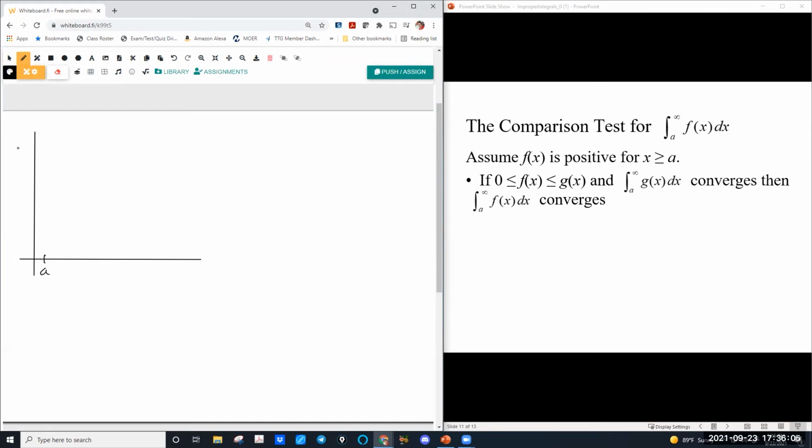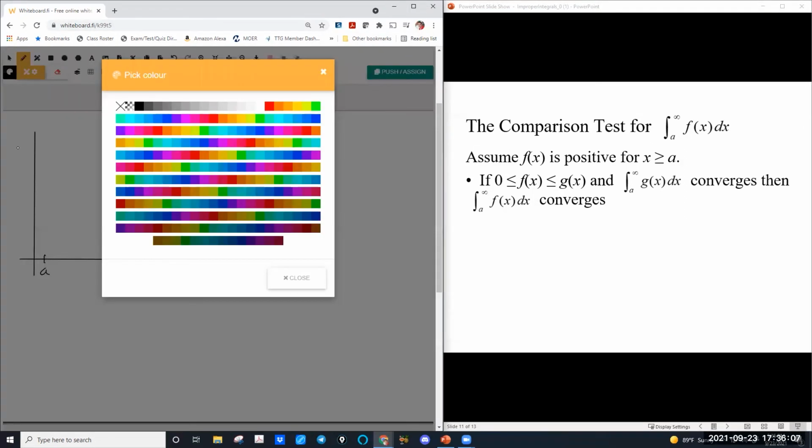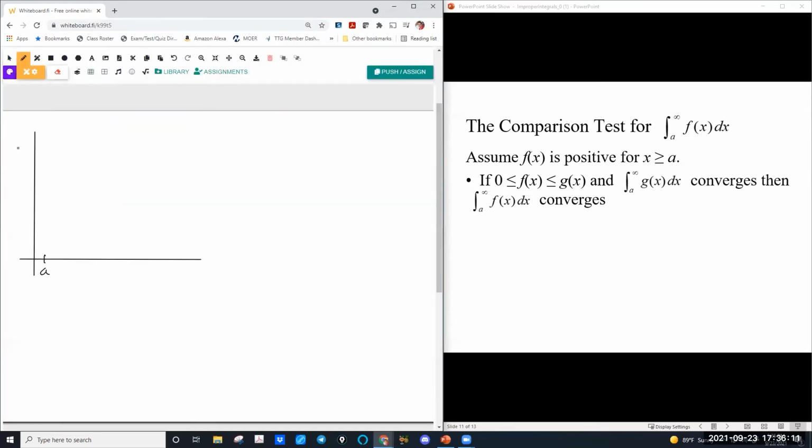I'm only going to draw part of it, but basically we have two functions. F is always less than G to the right of A, and this thing keeps going. So let's say that's our f of x, and in here G does whatever, but it's always bigger. And there's our g of x. So f of x is less than g of x.